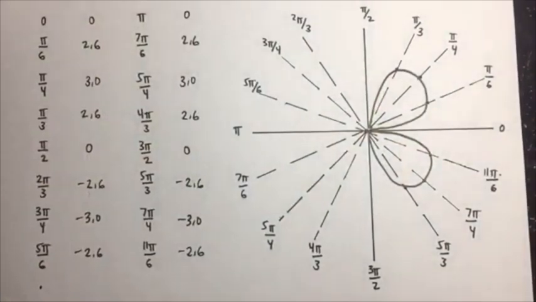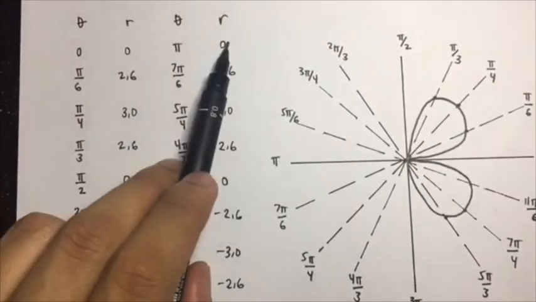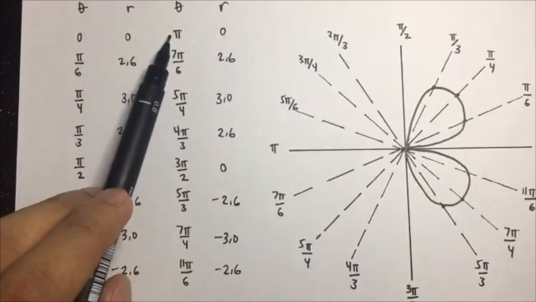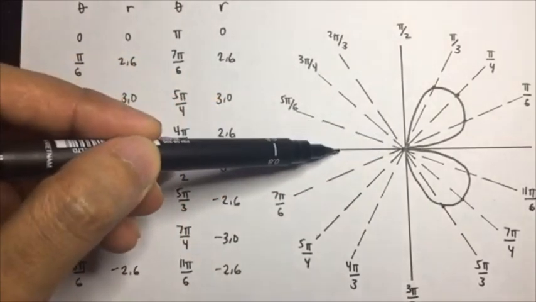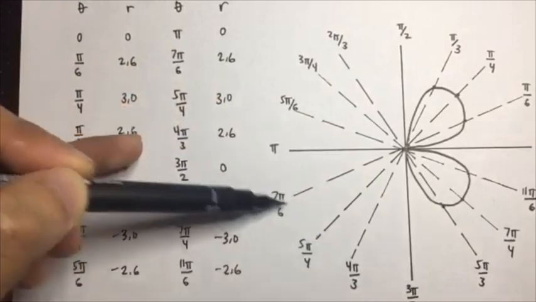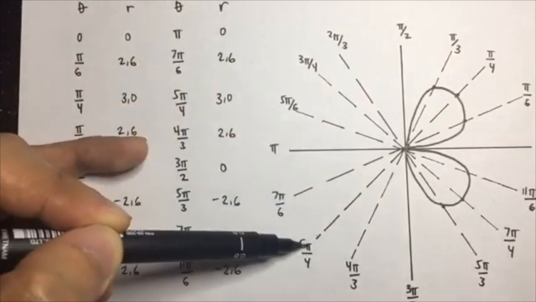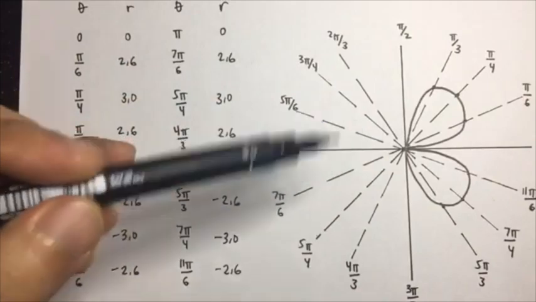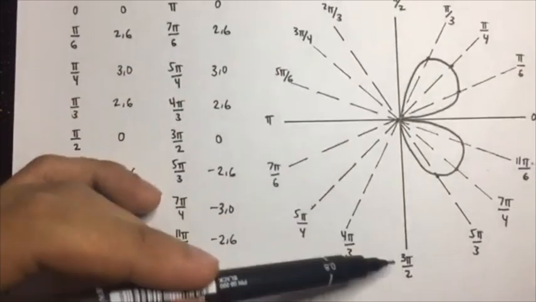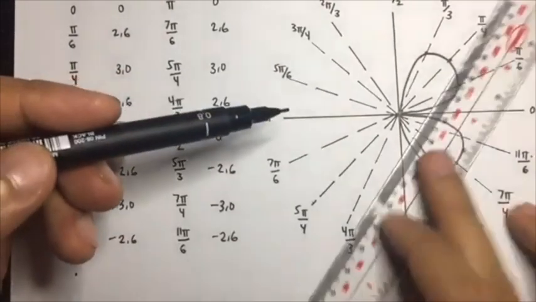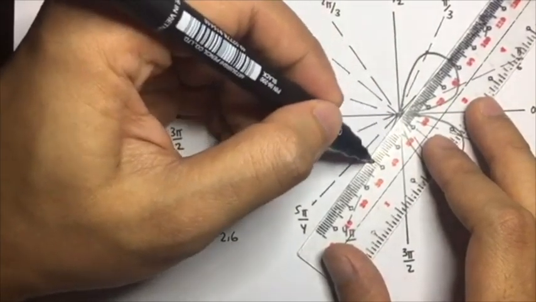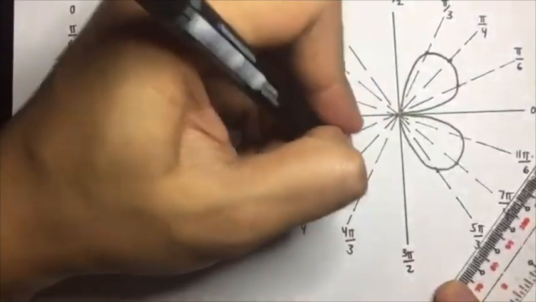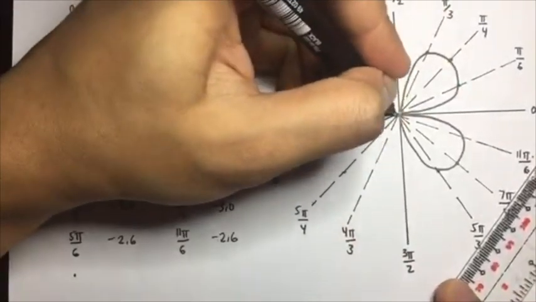And then if we continue, from pi to 3 pi over 2, so from pi, 7 pi over 6, 5 pi over 4, 4 pi over 3 to 3 pi over 2, it must look like 1, 2, 3, so it must look like this also.